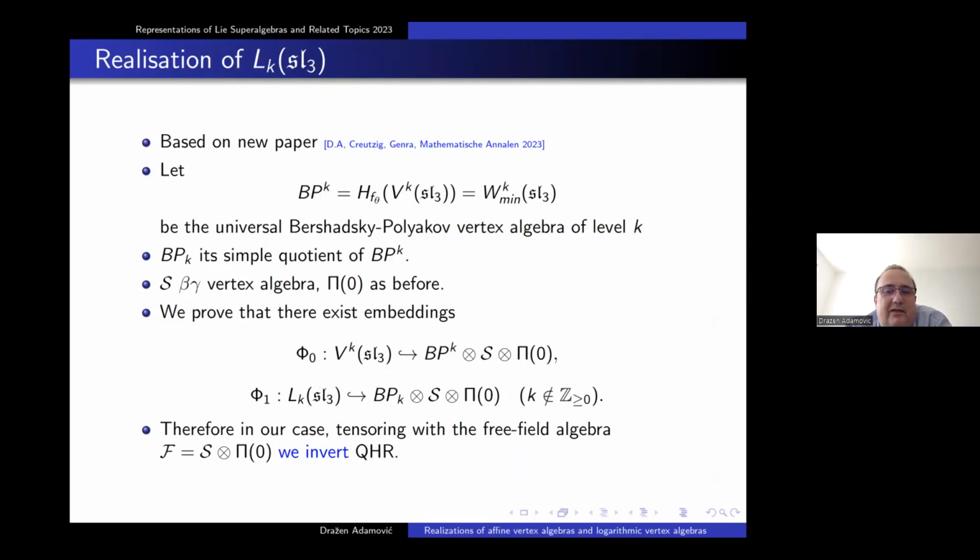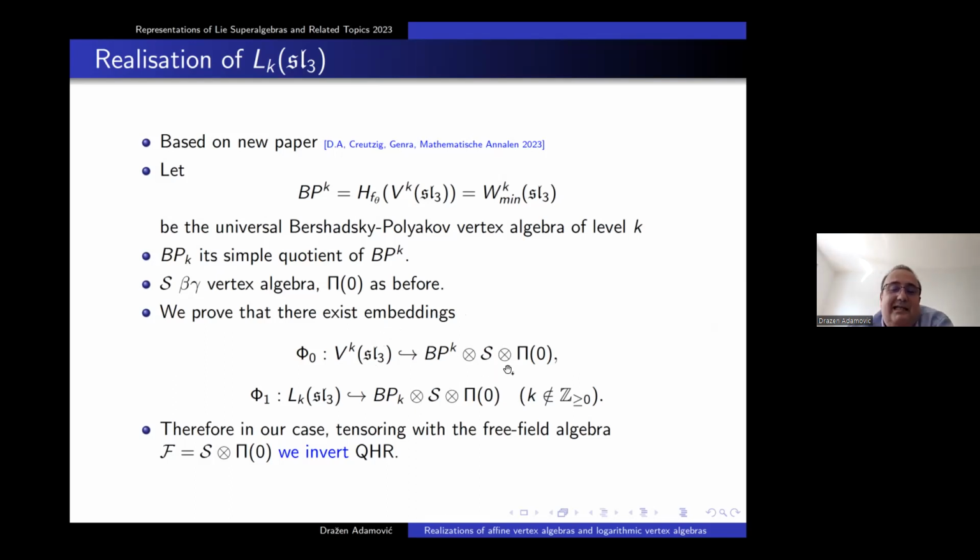We can use the Bershadsky-Polyakov algebra, and then the inverse Hamiltonian reduction of affine SL3 is embedded into the tensor product of the Bershadsky-Polyakov algebra, which I presented before, tensor the Weyl vertex algebra, the beta gamma system, and pi 0 as before.